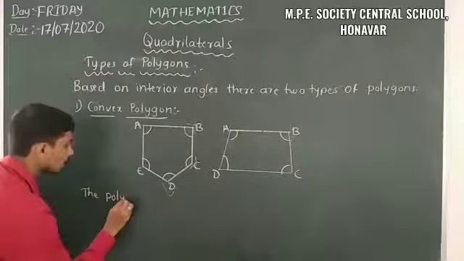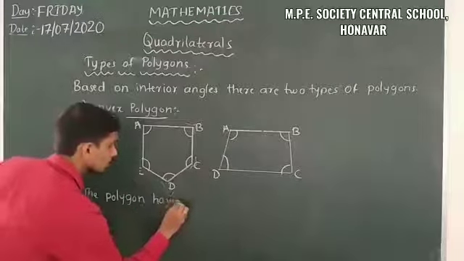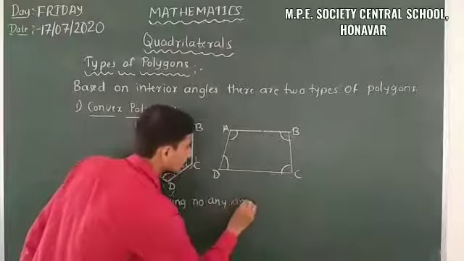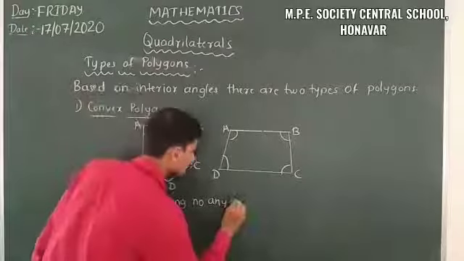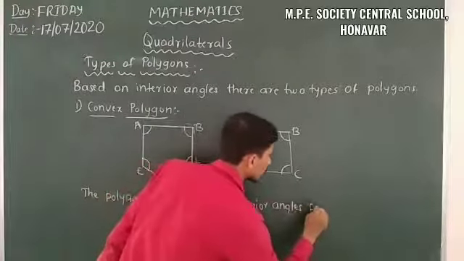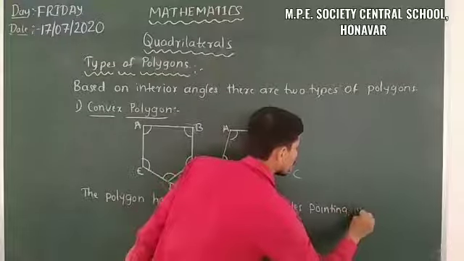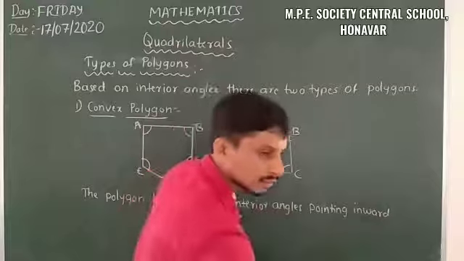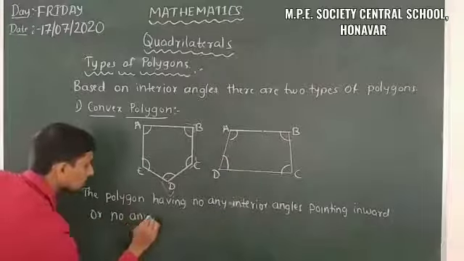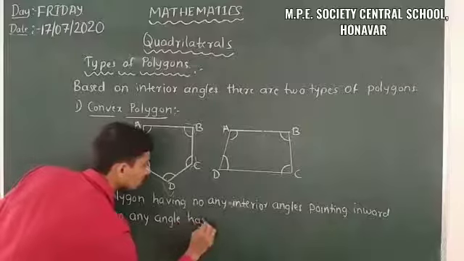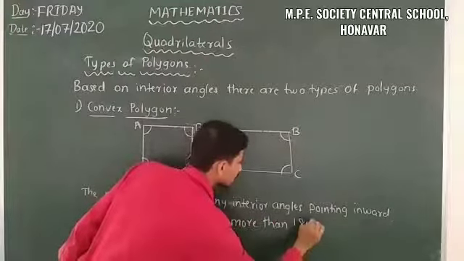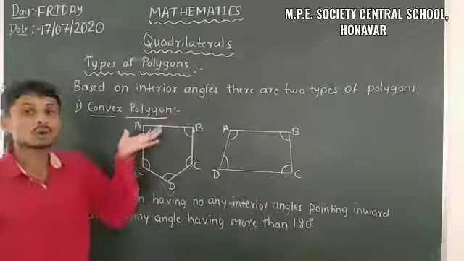A convex polygon is a polygon having no interior angles pointing inward, or no angle having more than 180 degrees.